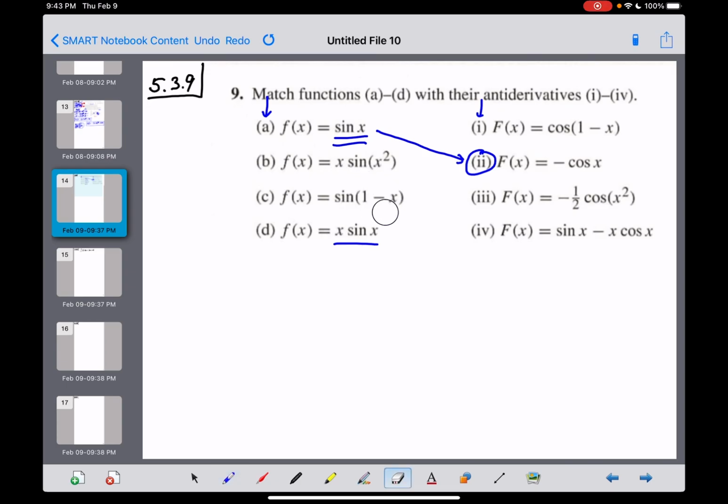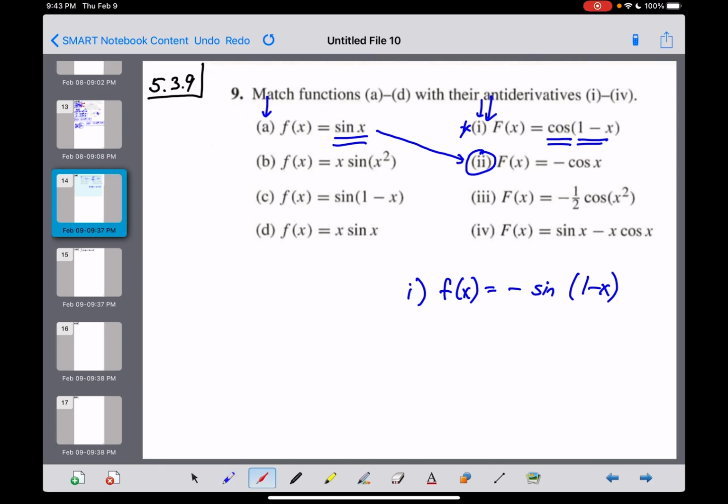So now I'm going to switch gears a little bit, and rather than anti-differentiating the functions in the column on the left, I'm going to go to the columns on the right, and I'm going to start differentiating each one of them. Like, for example, let's go to number 1 right here, or letter I. If F of x was equal to the cosine of an angle, then its derivative, which we would call little f of x, would be, well, the derivative of cosine of any angle is the opposite of sine of the same angle, 1 minus x, times the derivative within.